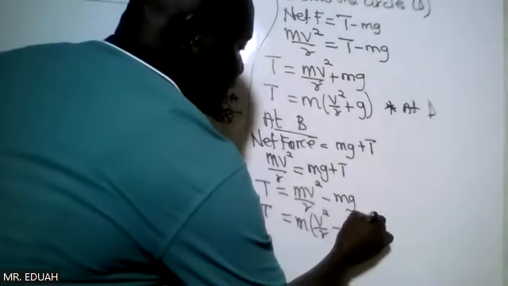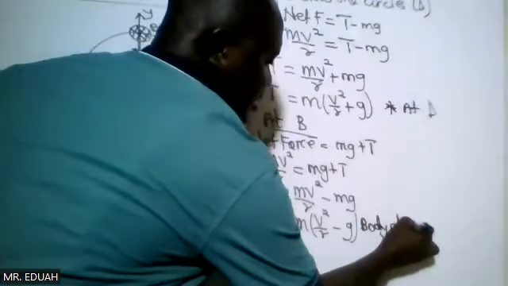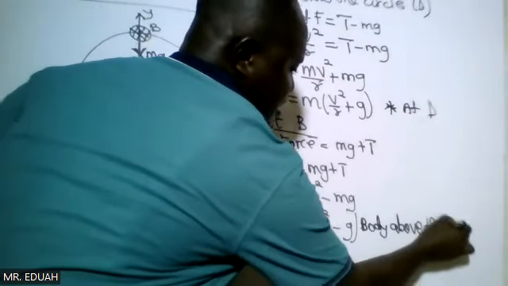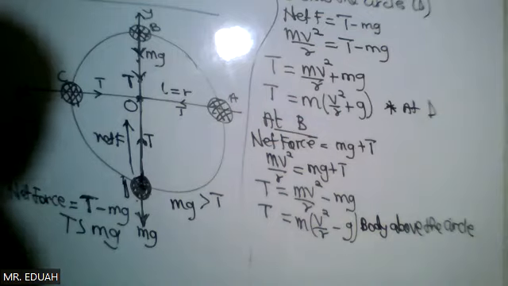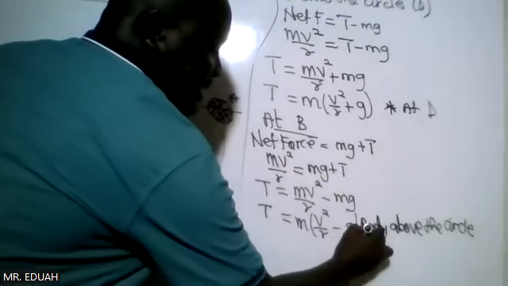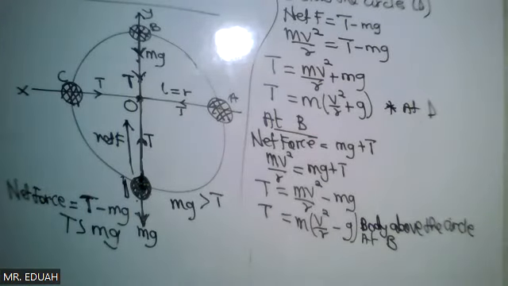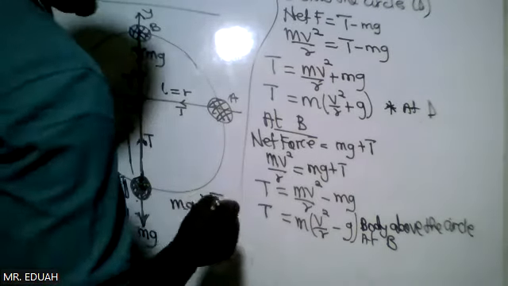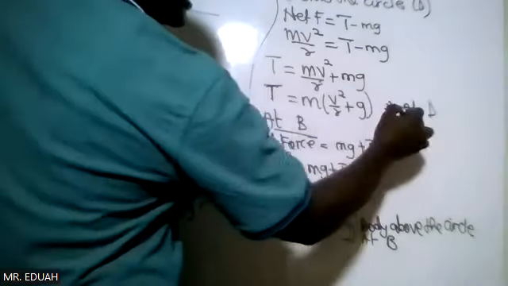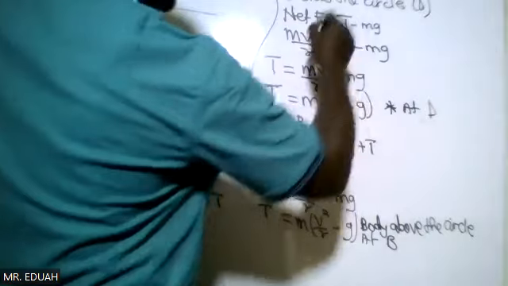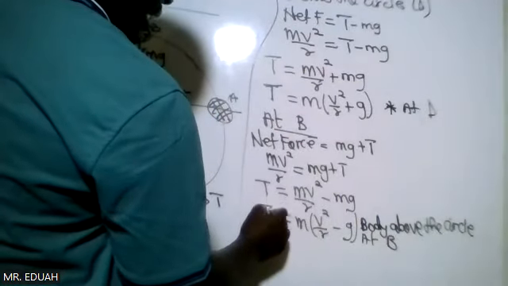So, body above the circle, that is at B. Now I want us to compare the tension within the string at D, below the circle, and at B, above the circle.